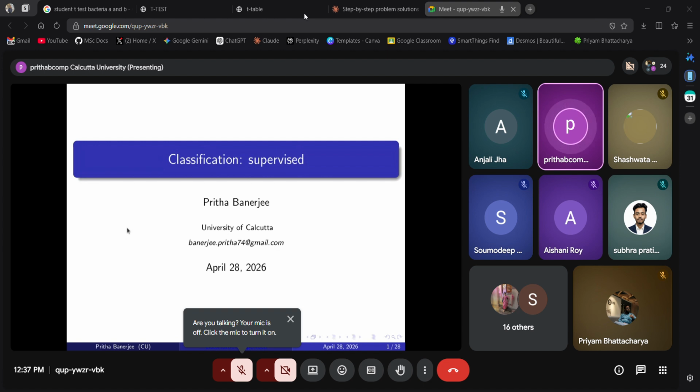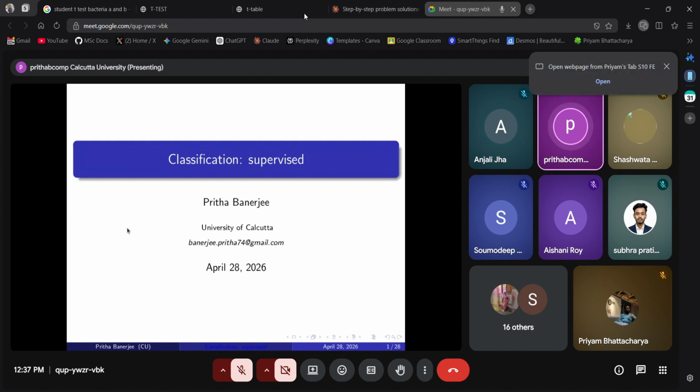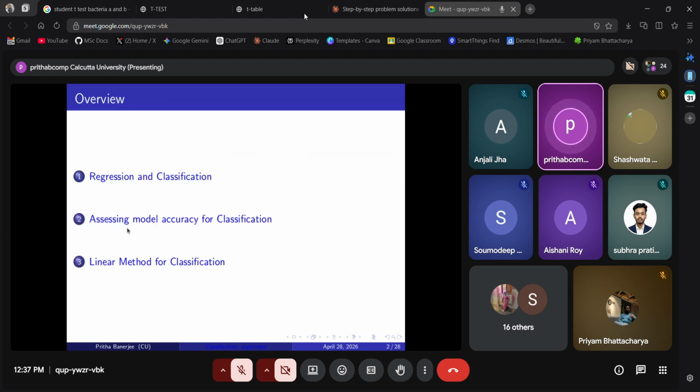And given a new x value, we would like to predict what is the class of that given entry x. So this is supervised.